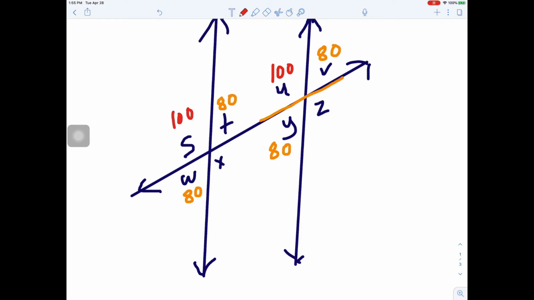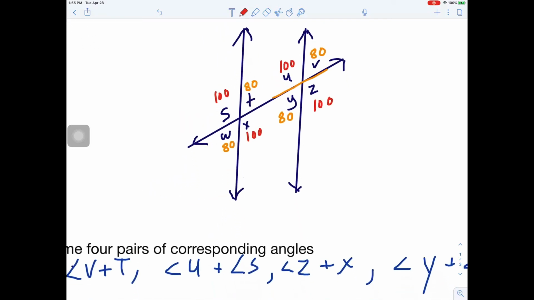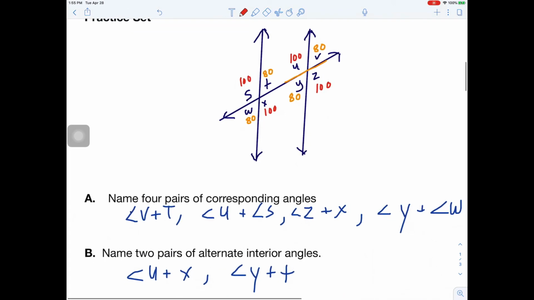This one would be 100, this one would be 100, this one would be 100, and this one will be 100, because they all have to equal 180. And you can see how that would all work out because a circle should be 360 degrees. And guess what?